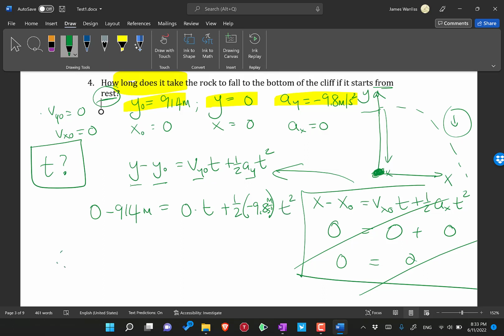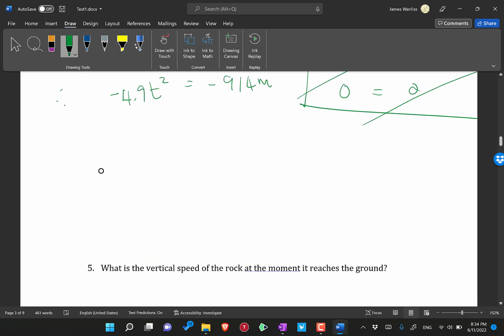Therefore, minus 4.9 t squared equals minus 914 meters. And we can go ahead and plug this in. Therefore, t squared is equal to 914 meters divided by 4.9, and t is equal to 13.7 seconds.